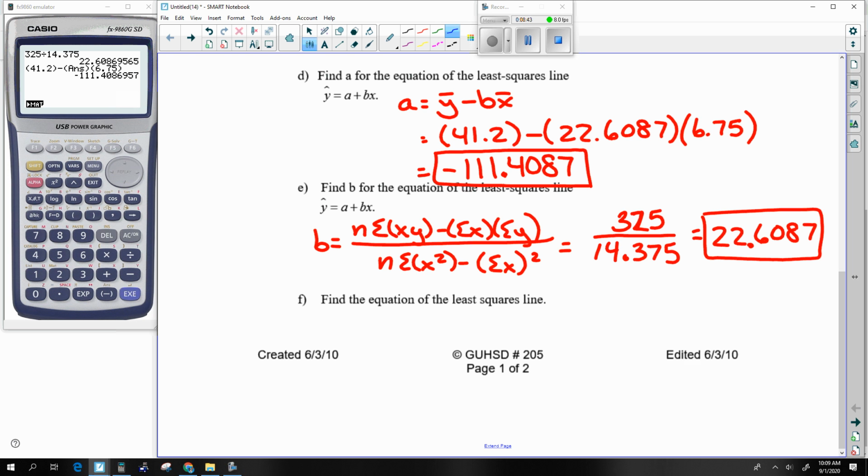Plus the equation itself, y hat is equal to a plus bx. So this is going to be y hat is equal to a plus b x.